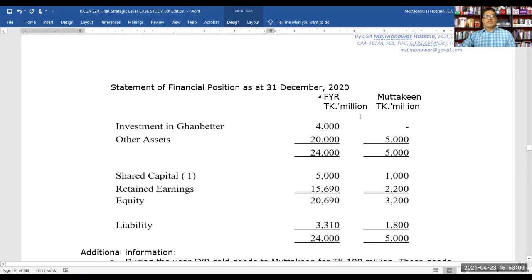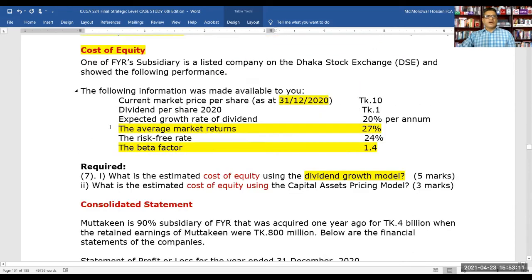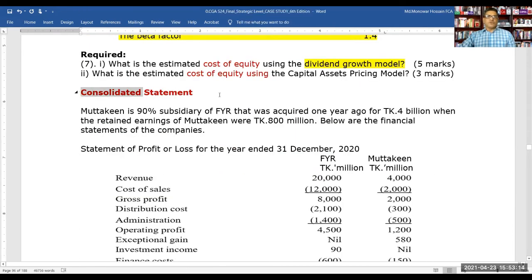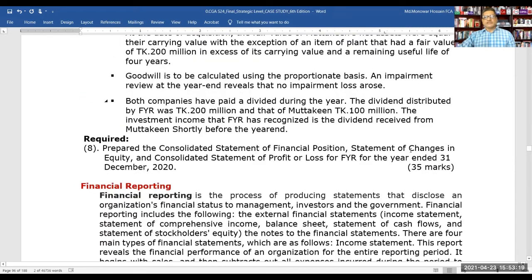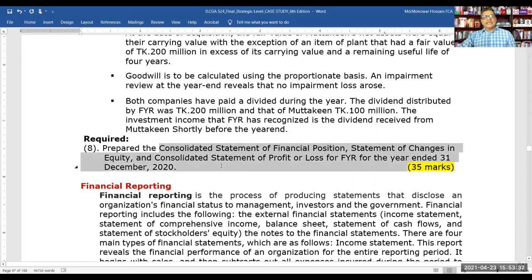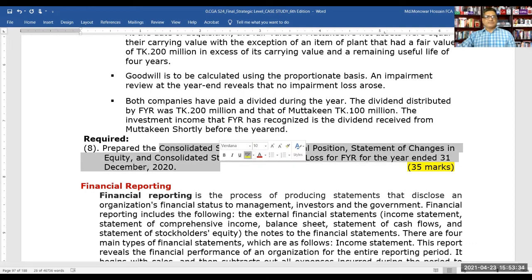Now, the big one here is the consolidated statements. Within this, we have to calculate for 35 marks. Prepare the consolidated statement of financial position, statement of changes in equity, and consolidated statement of profit and loss for the year ended 31st December 20.